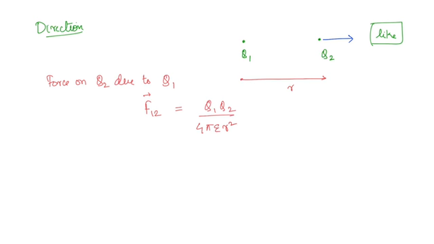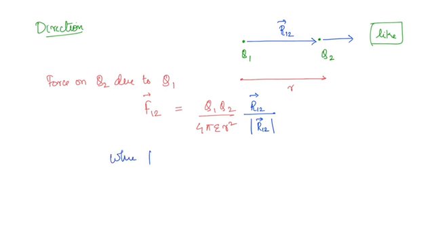If we take the distance vector to be R12 bar, we represent the direction in terms of R12 bar divided by the magnitude of R12 bar. The magnitude of R12 bar is nothing but small r, right?